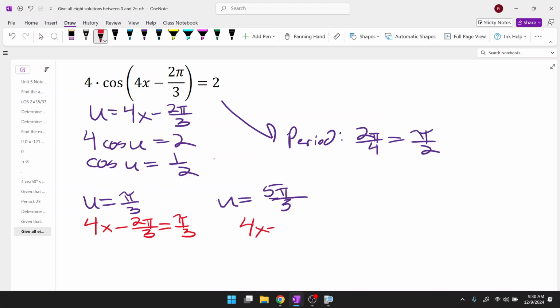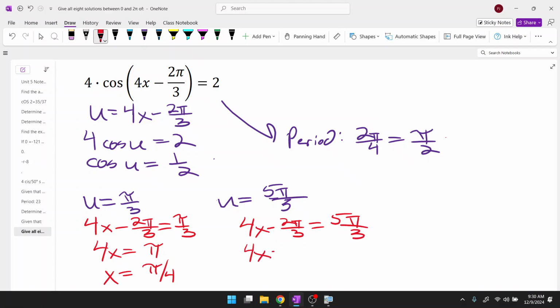You have 4x minus 2 pi over 3 equal to 5 pi over 3. Now, conventional wisdom would say multiply everything out by 3 here, but the nice thing is you could just add 2 pi over 3 and we get 4x equal to pi. X will equal pi over 4.